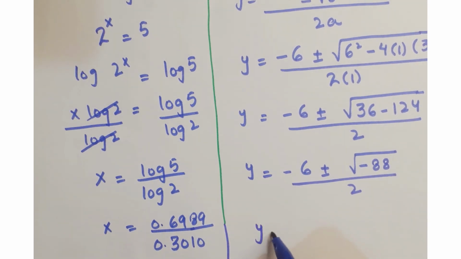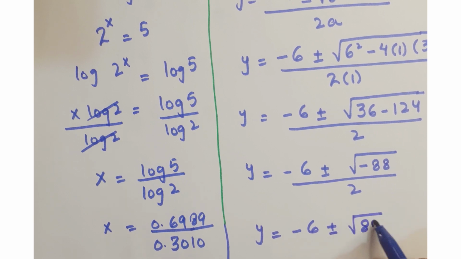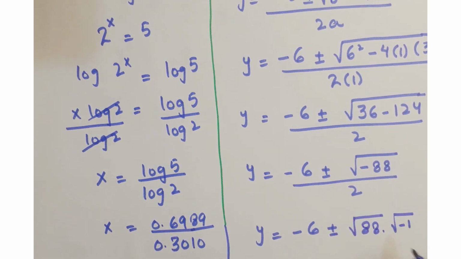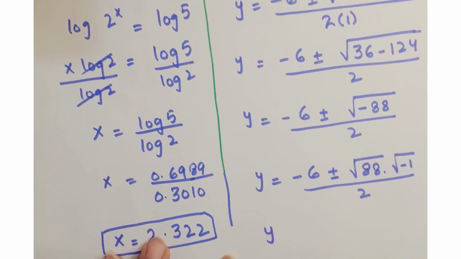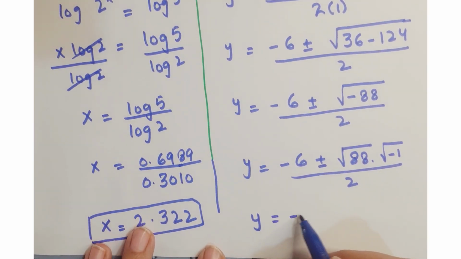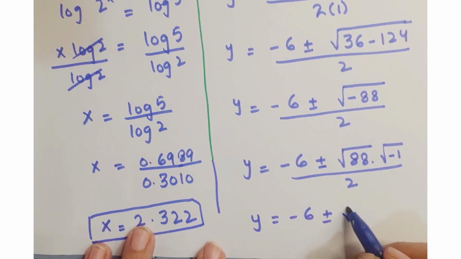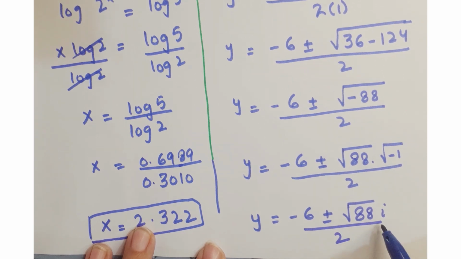Further, we have y is equal to minus 6 plus minus under root 88 into under root minus 1 upon 2, or you can say that y is equal to minus 6 plus minus under root 88i upon 2.